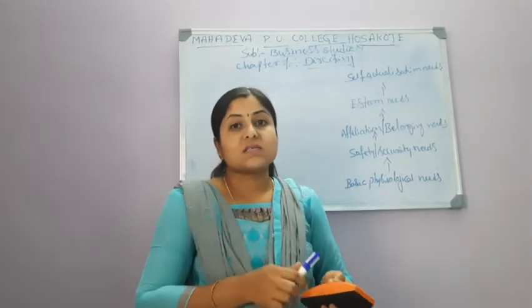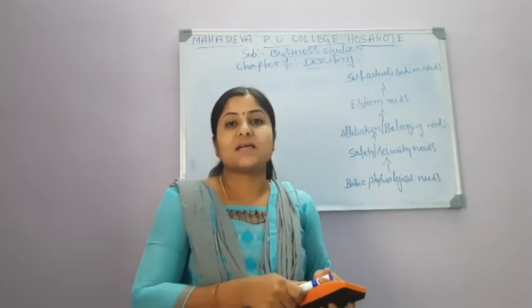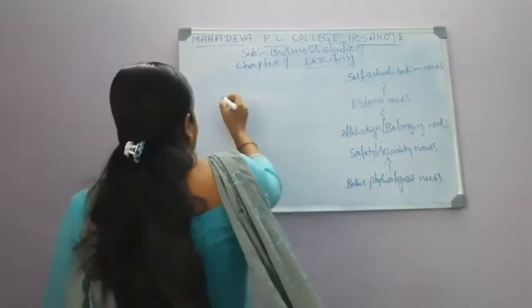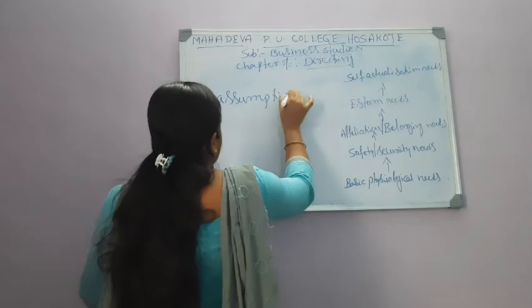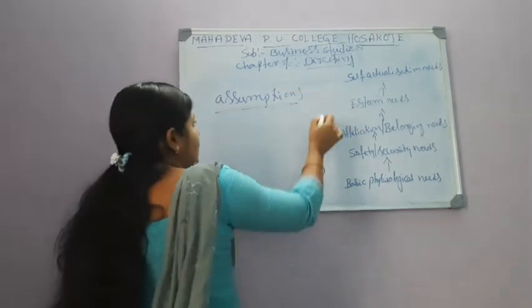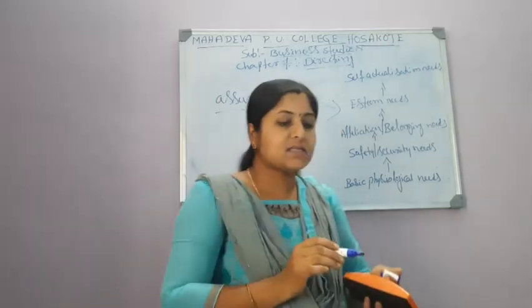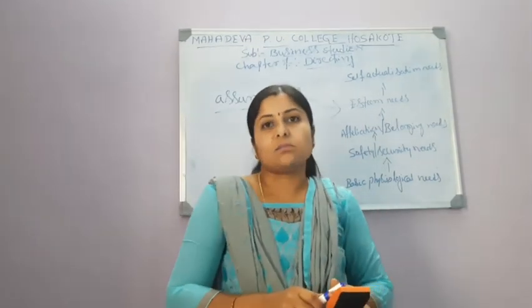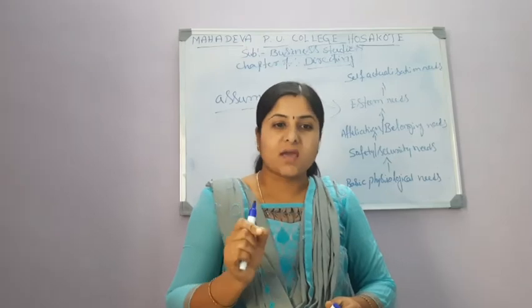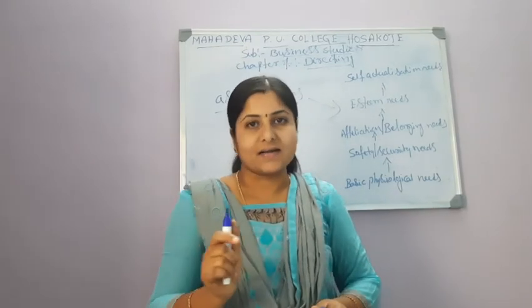But this Maslow's hierarchy of needs theory follows certain assumptions. On the basis of these assumptions, we need to understand this hierarchical needs theory. What are these assumptions? People's behavior is based on their needs.